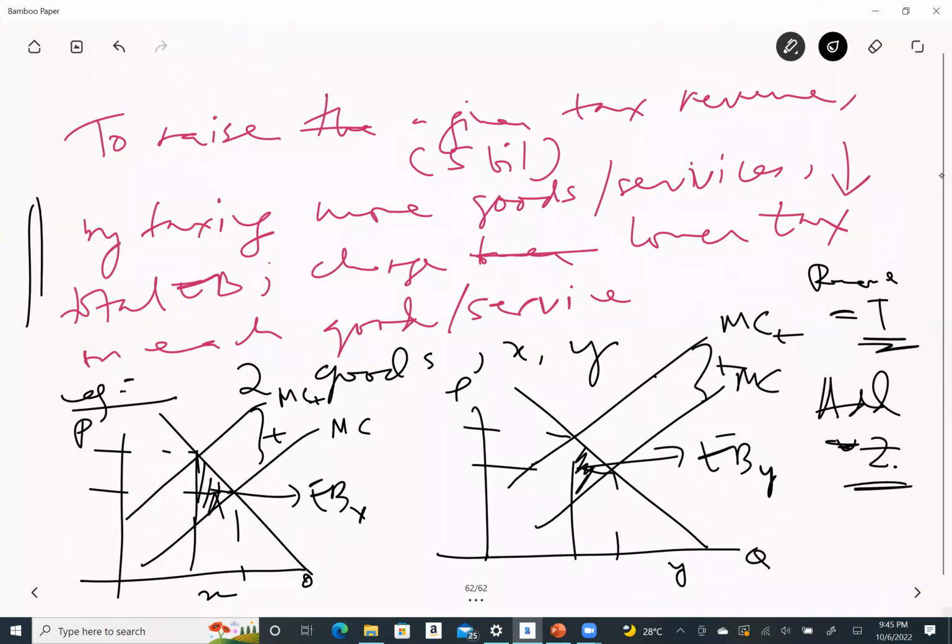Then you look at the excess burden. It will be lower, and we can still raise the same revenue. So what we want to show is that by taxing more goods, you can tax lower on each of the goods, and the total excess burden will be less. Okay, sketch a diagram. You add another good Z.